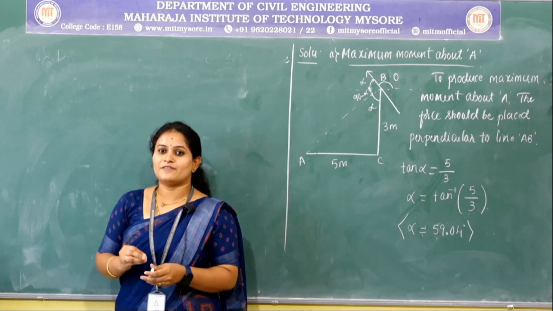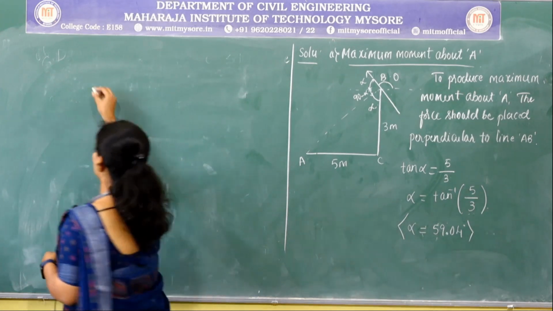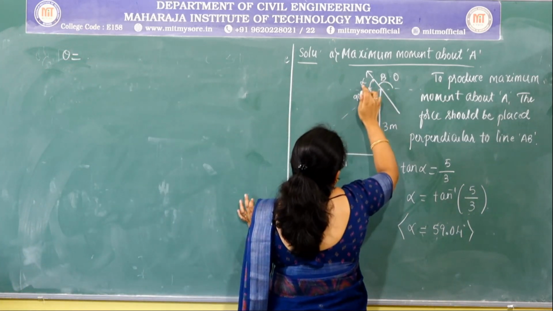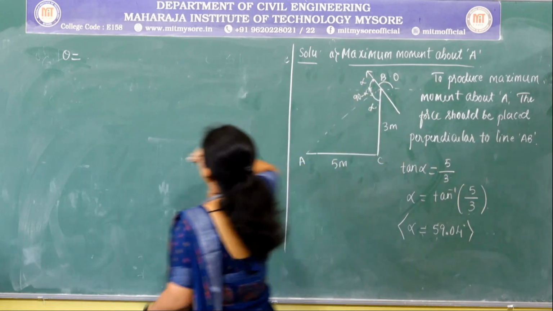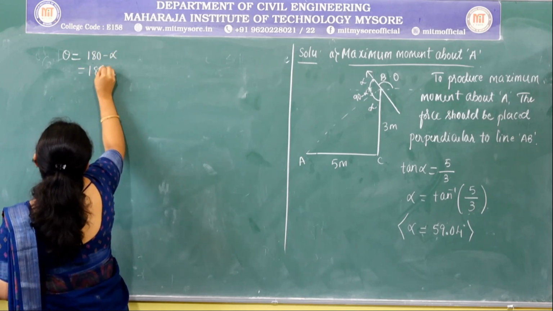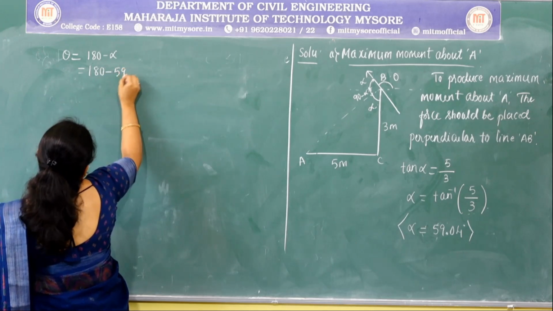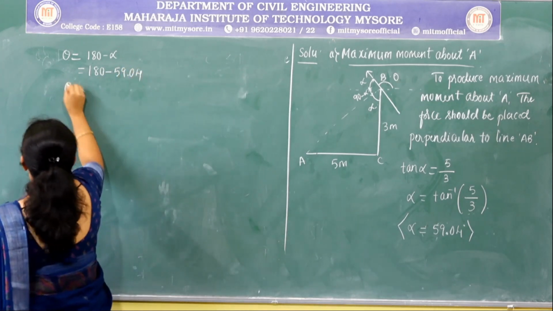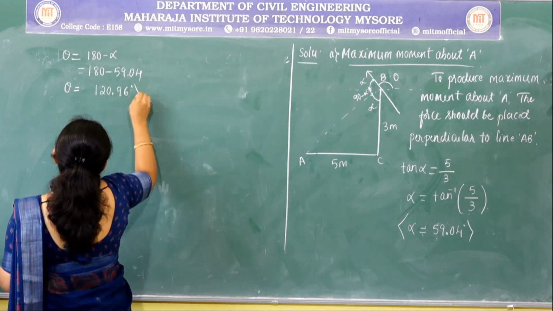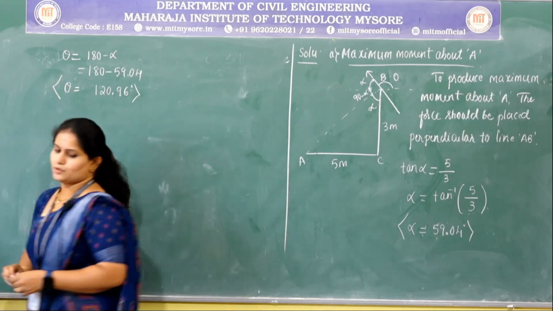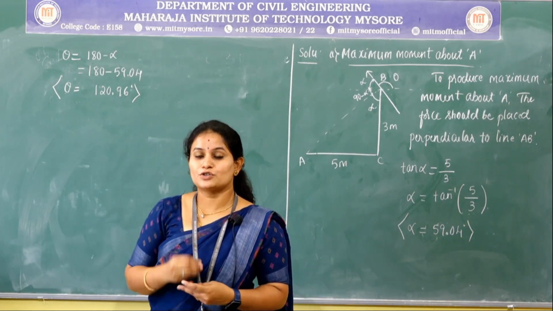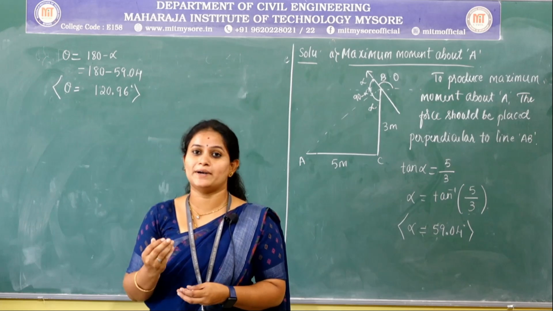Using this value of alpha, find out the value of theta. We know that this total angle is 180 degrees. Now, theta will be equal to 180 minus alpha, which is 180 minus 59.04 degrees. So, theta will be equal to 120.96 degrees.